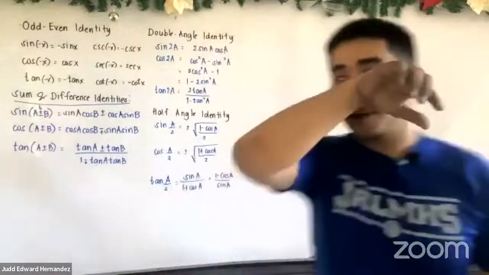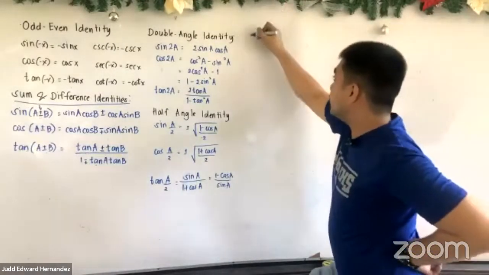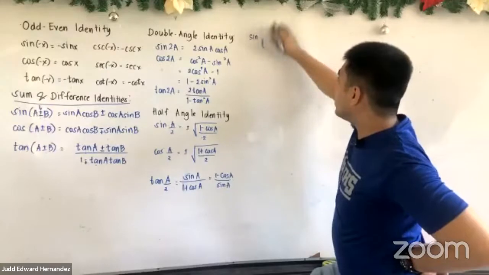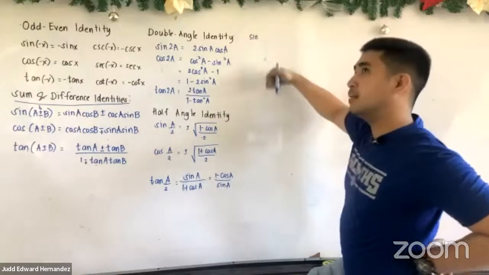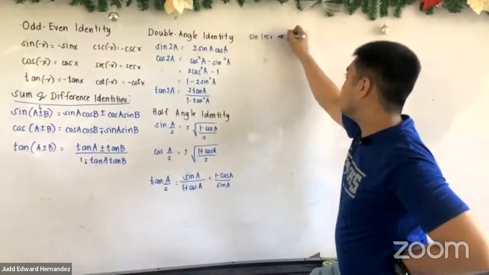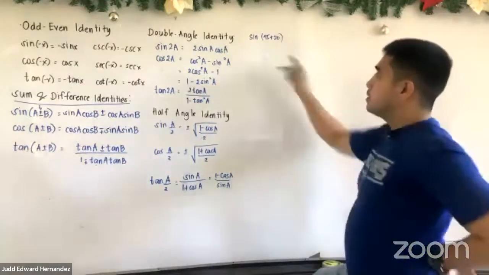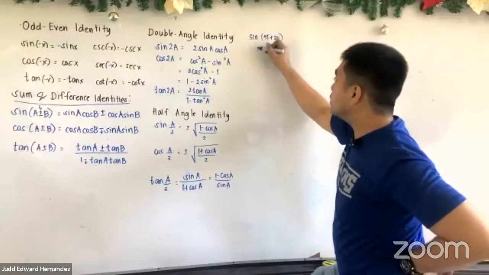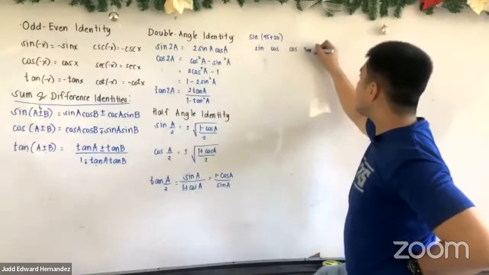Let's have an example. Okay, para hindi tayo malito. For example, I am given sine 45 plus 20. Okay. How do we expand this? Since we are using sine, it takes the form of sin, cos, sin.